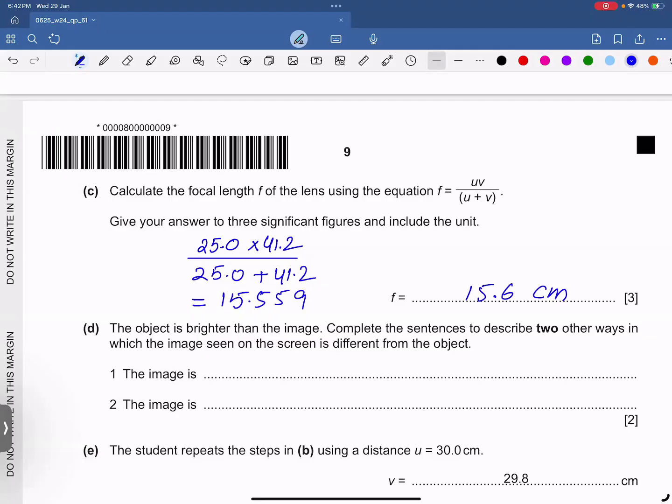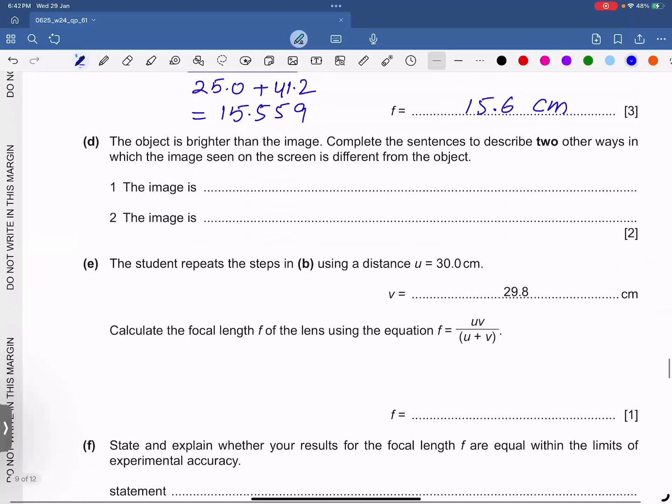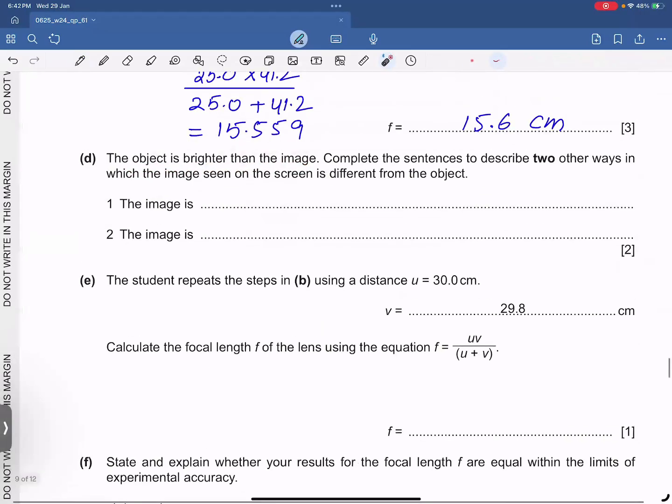Now we proceed to the next part. Which object? The object is brighter than the image.